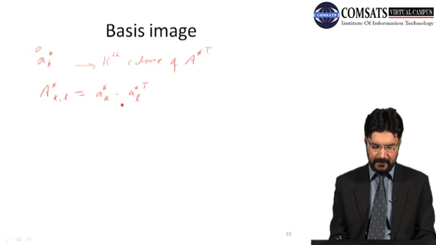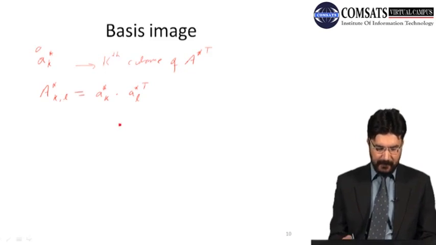So you will find that A K star is the kth column of matrix A star transpose. A L star is also the lth column of the matrix A conjugate transpose. So if I take the product of AK star and AL star transpose, then I can get the matrix A K L star.